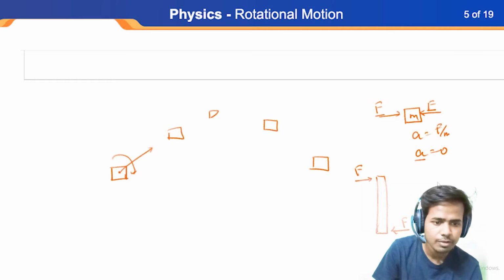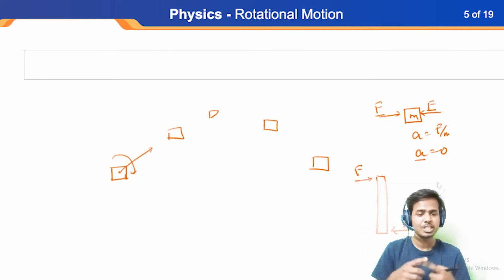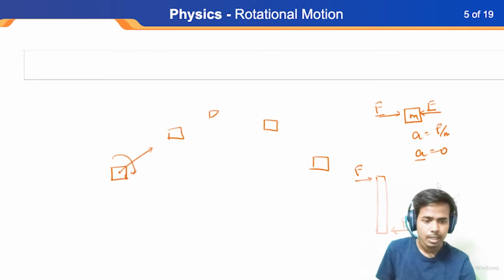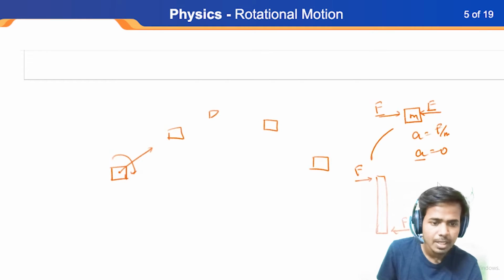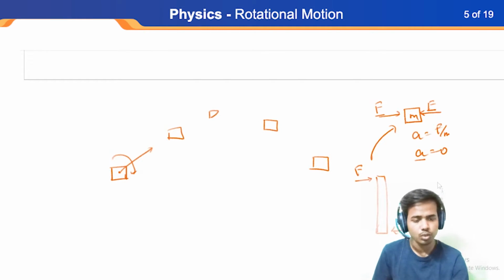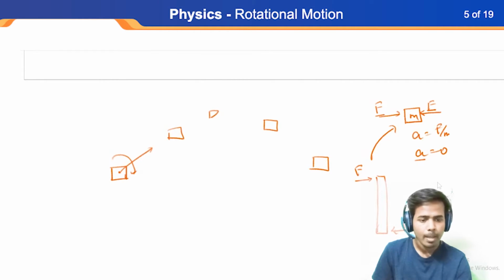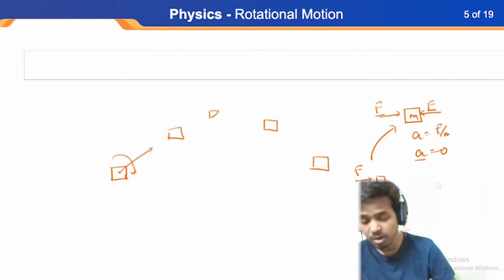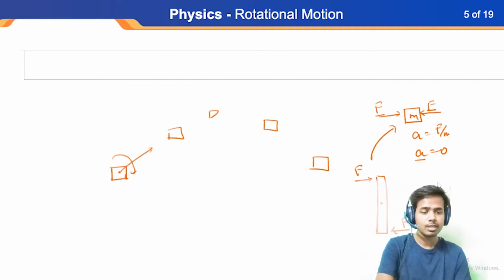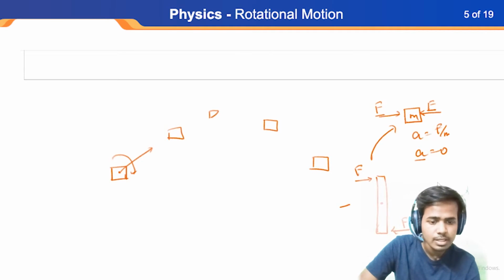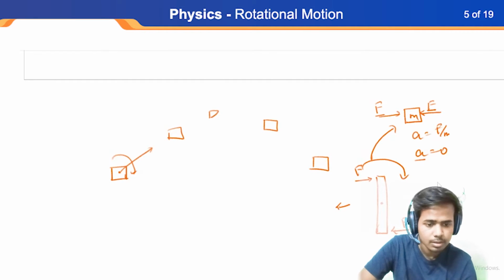Technically, if you look at it from the previous chapters, the translational motions, then this is the same example as the previous one. Two equal forces acting in the opposite direction. So the body should not move. But obviously, from our observations in real life, this body actually starts to rotate, isn't it?